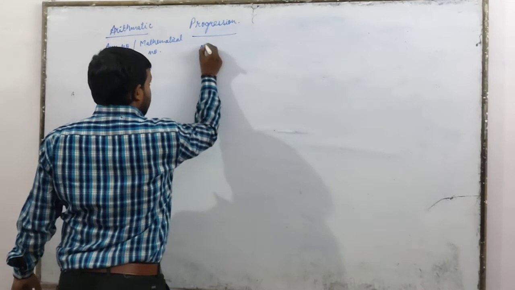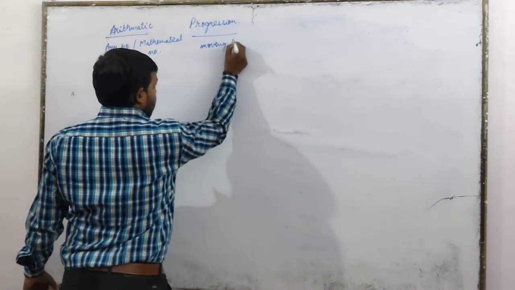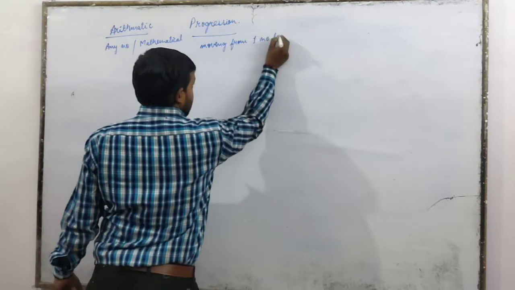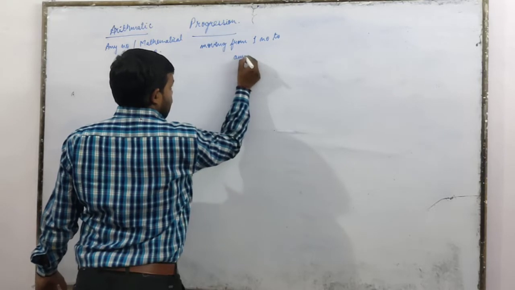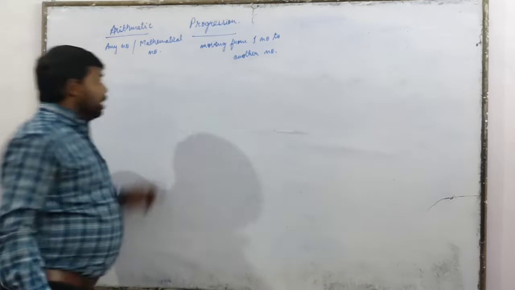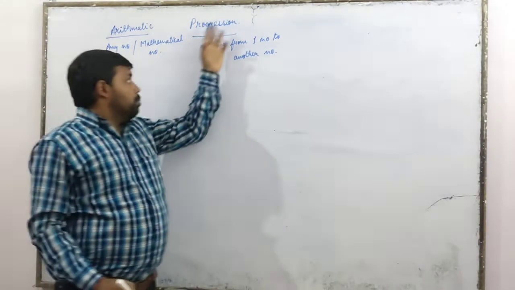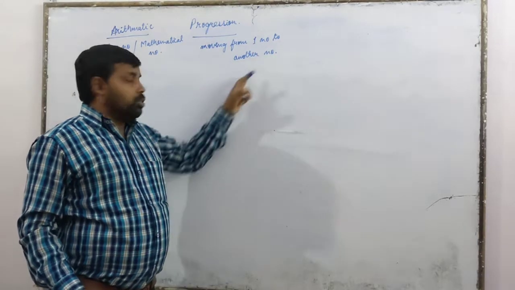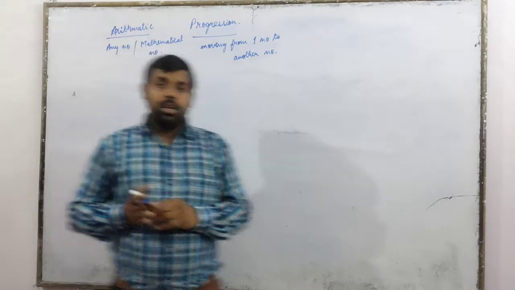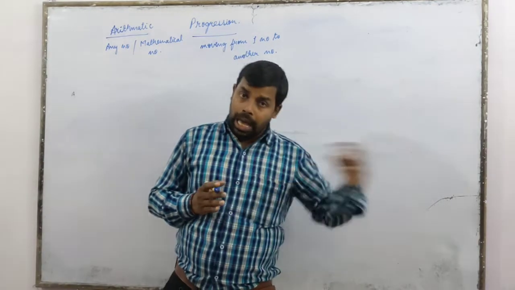Progression means moving from one number to another number. So arithmetic progression means we have got a set of numbers in which we are moving from one number to another number.